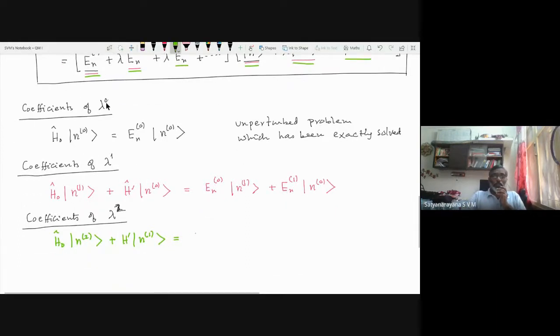So your E n0 can be multiplied with n2, plus E n1 can be multiplied with n1, and E n2 can be multiplied with n0.